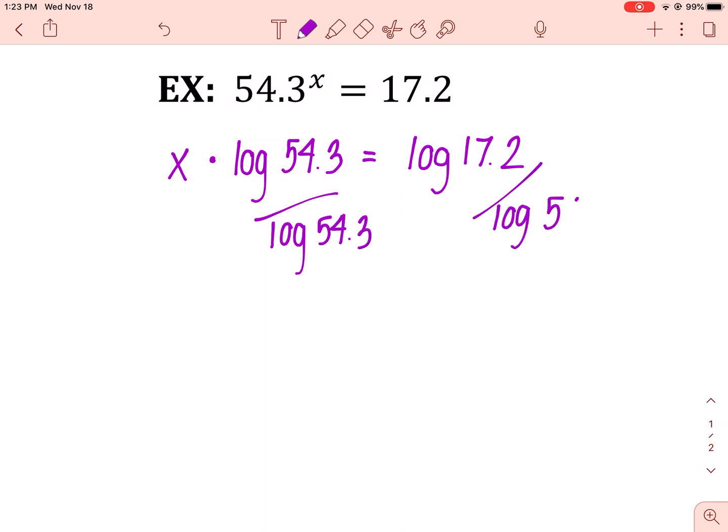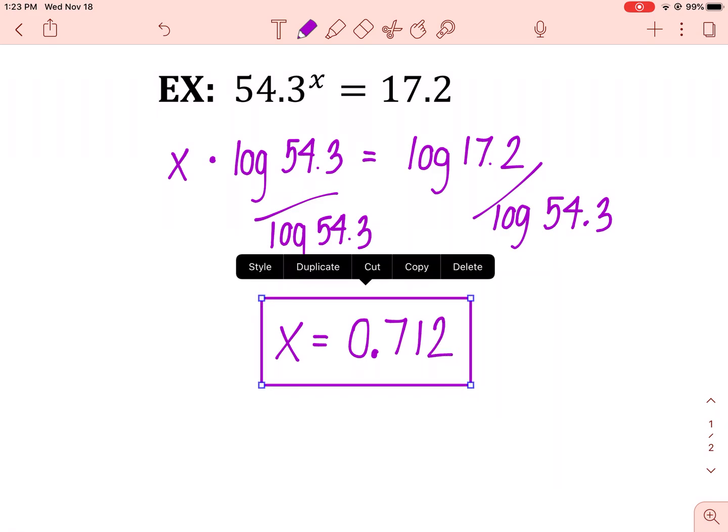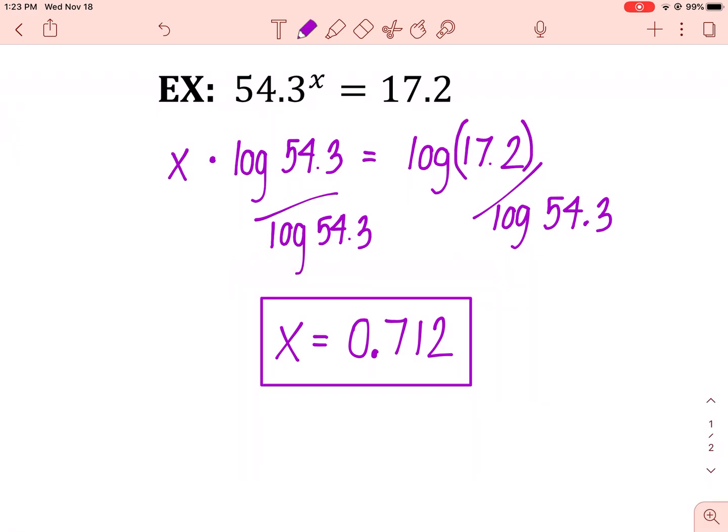In your calculator, hopefully you can do that, and you will get 0.712. Verify that you can get that on your calculator. Make sure if you didn't get that you close your parentheses.